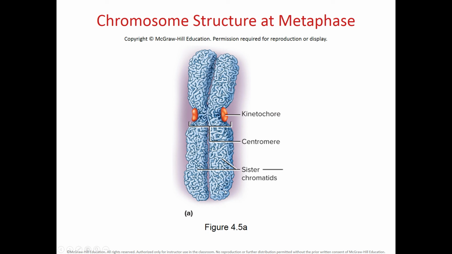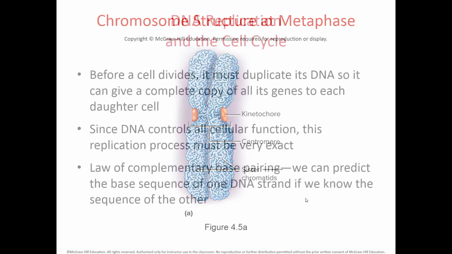Here you have condensed DNA, and this portion of the chromosome is called the centromere, and on the edges of the centromere you have the kinetochore. Each of these parts of the chromosome is known as a sister chromatid. So you have one chromatid and a second chromatid.